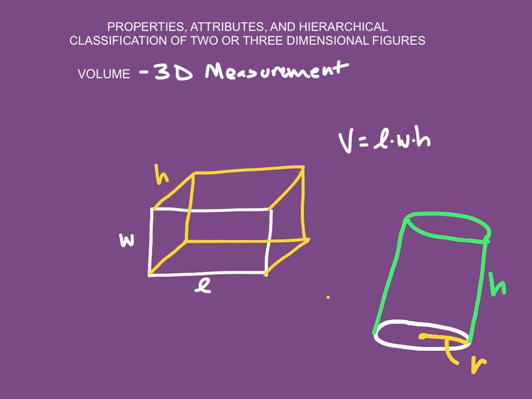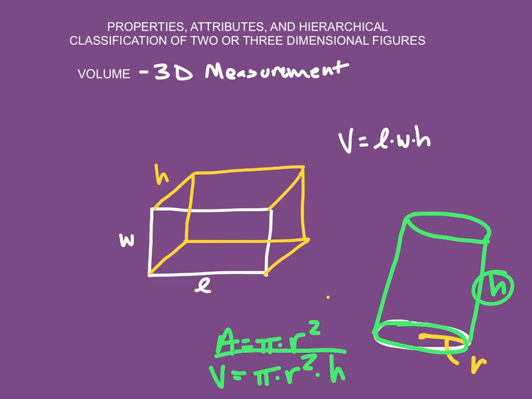And if we think of the area of our base, of our circle here, the area is equal to pi times your radius squared. Well, to get volume, you simply just add in the height. So you get pi times your radius squared times your height, and that's what you would get for something like that, okay?